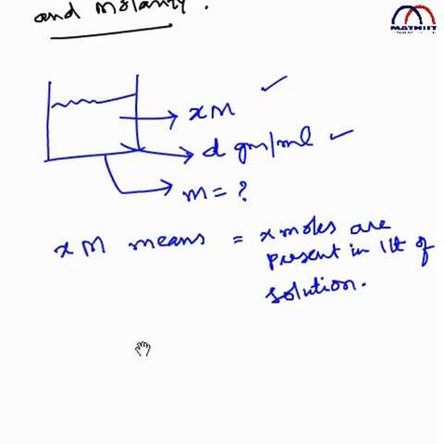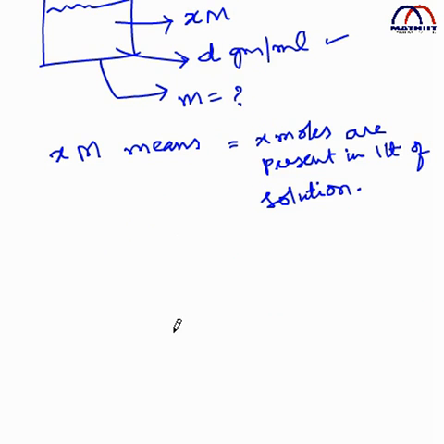X moles are present in 1 liter of the solution, then it is called as the X molar solution there. Okay. Number of moles we have come to know here. We need not find out any number of moles. Directly we know that X moles are present in 1 liter of the solution there. Now only thing is that we need to find out weight of the solvent there.